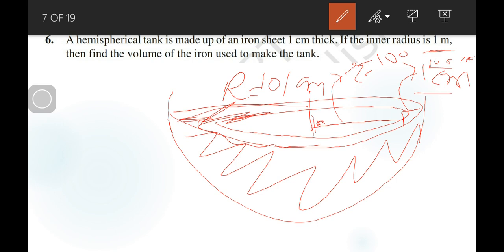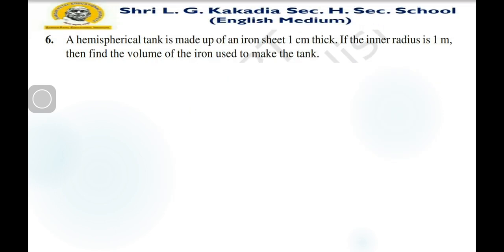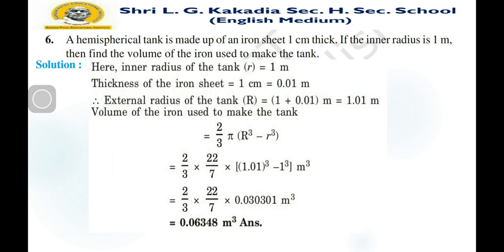So we subtract the inner volume of given hemisphere from outer hemisphere, then we get the volume of iron sheet used in given bowl. So solution, here inner radius of the tank small r is 1 meter, thickness of iron sheet is 1 centimeter.